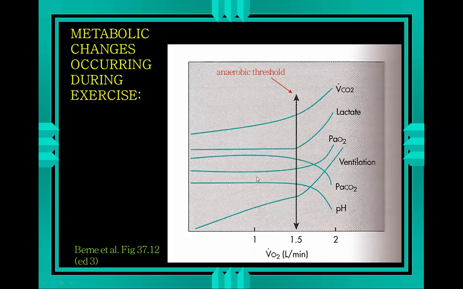It's fairly self-explanatory. It's so simple that it has no units on the y-axis. It doesn't need to. These are just basically different modalities, which I'll take you through in a minute. And on the x-axis, which is significant, is the VO2, which is your oxygen consumption, how much oxygen you use in litres per minute.